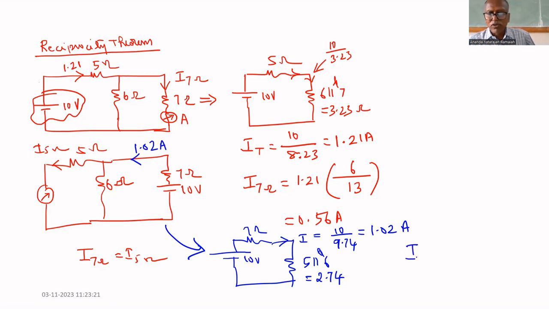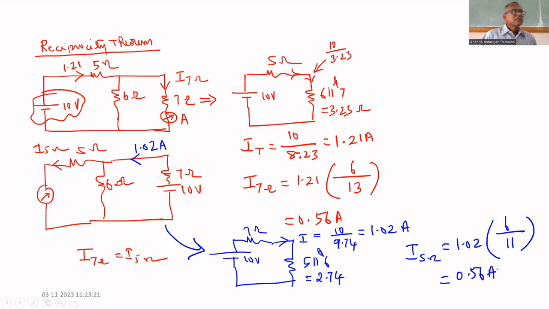Therefore, I5 ohm equals 1.02 multiplied by 6 by 11, which is 0.56 amperes. In both cases, if you interchange the response and the voltage source, you will get the same current. That is the reciprocity theorem.